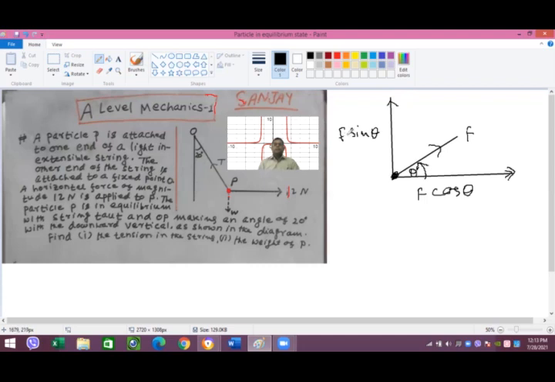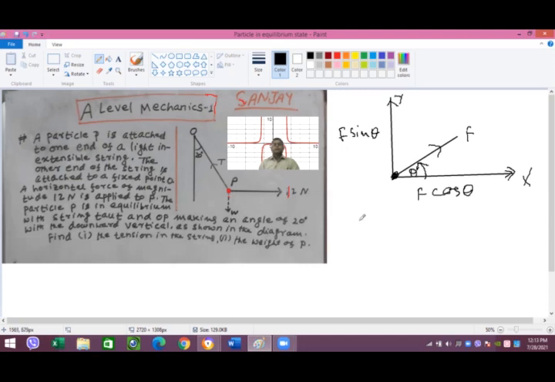So always note that the horizontal component of the force is F cos theta, and the vertical component of the force is F sine theta. Now, which one is horizontal and which one is vertical? You can see this in the orientation of the x-axis as well as the y-axis.